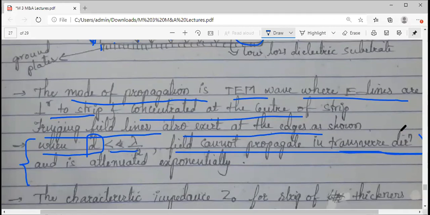Because if the fields want to propagate in the transverse direction, we come across some attenuation. So while working with these shielded strip lines, you have to take care that whatever distance you choose for the spacing between the ground plates, it should be chosen such that this condition is not met. If this happens, attenuation is bound to occur.